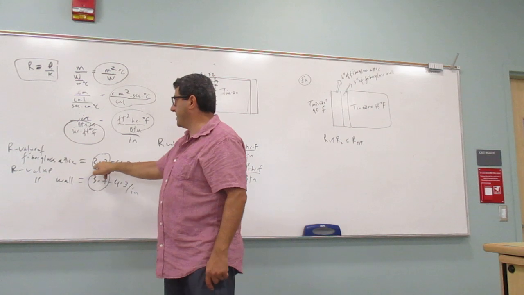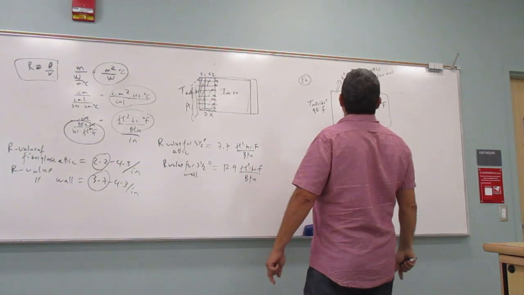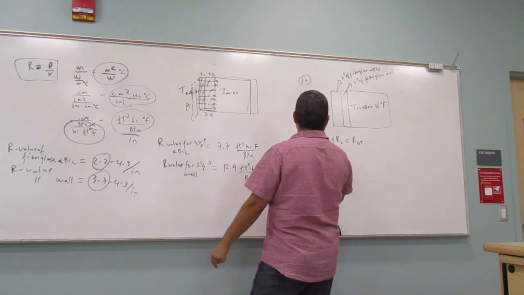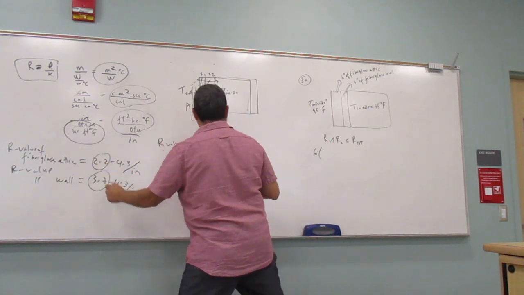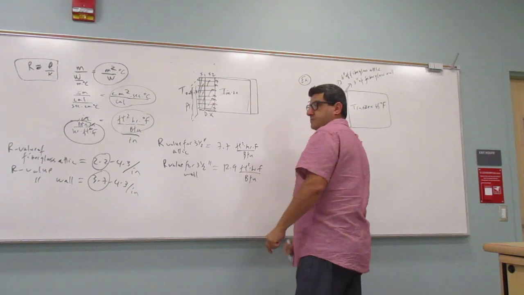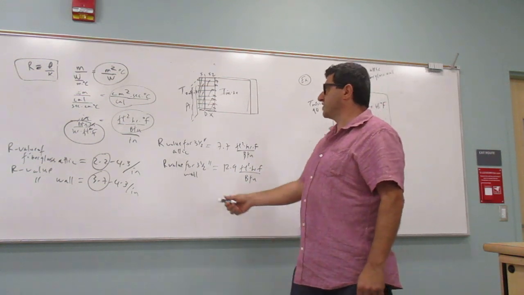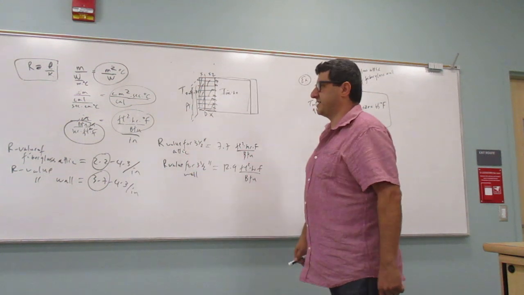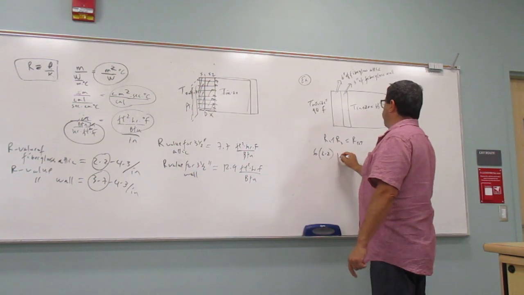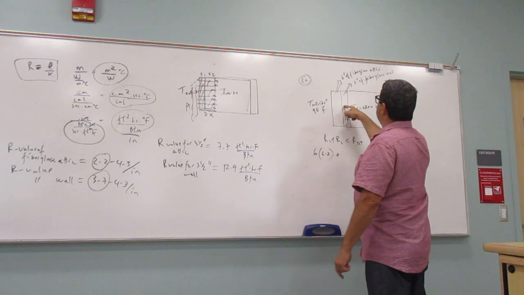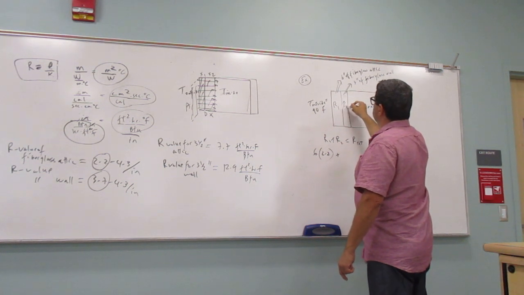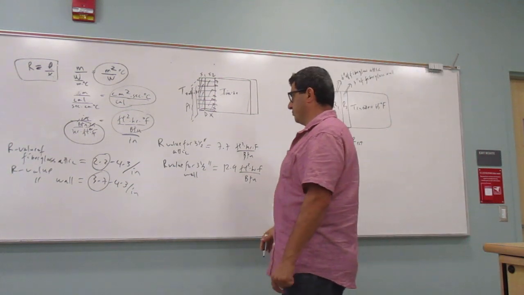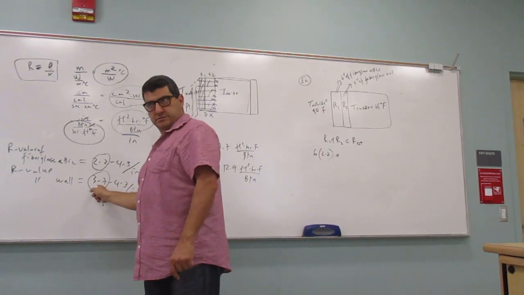Is that the attic? Yeah, so the attic, it would be 6 times 2.2. You see? Of course these numbers would have to be given to you on the test, based on those values. Plus R2 would be this guy, 3 inches of fiberglass wall. So that would be 3 inches times that, right?